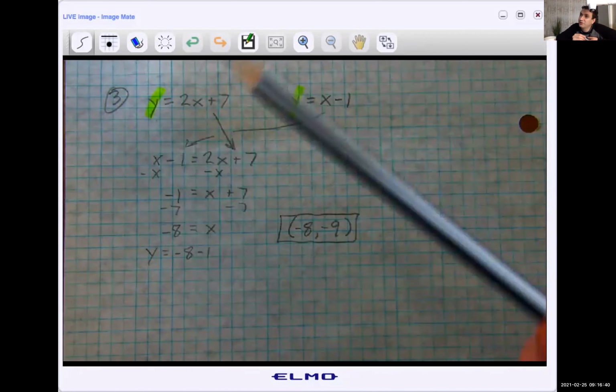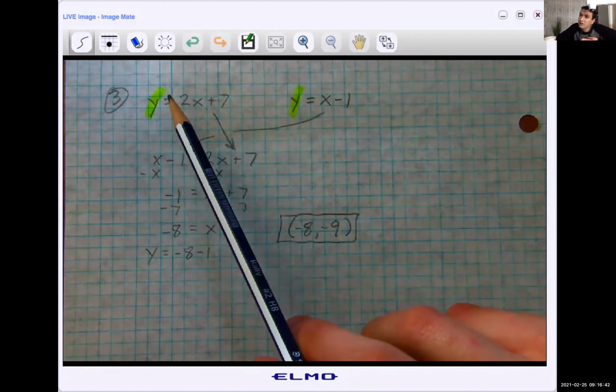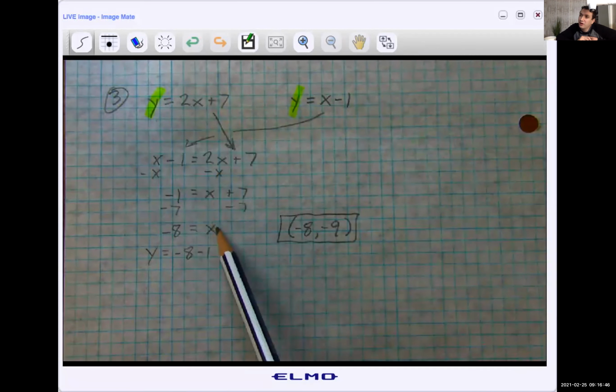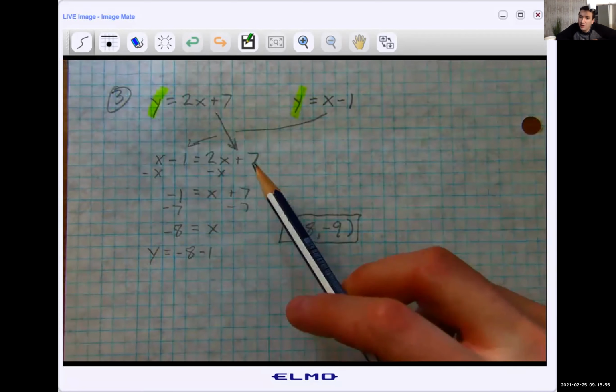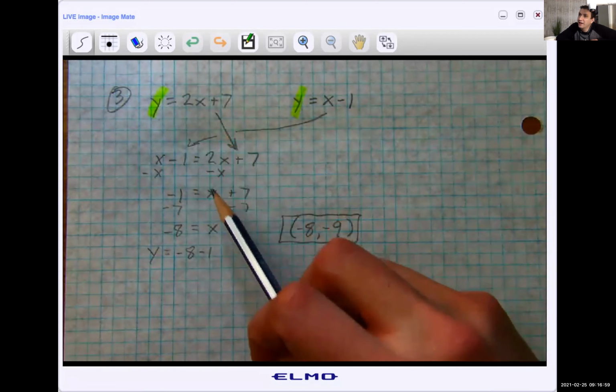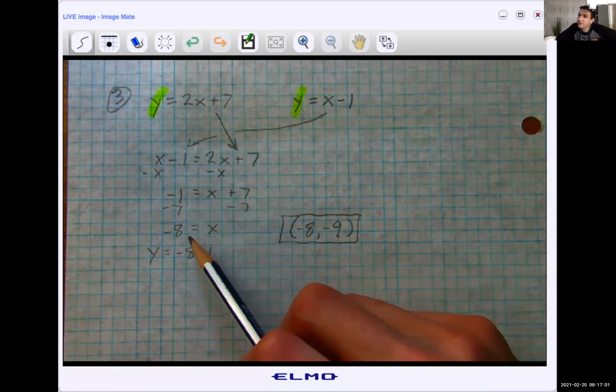So yeah, with substitution, you always have to be careful. Like, so far we're always left with x's. There are times maybe you'll be left with a y. It just kind of depends. So how did I get the -9? Well, first I got my x, which is all here. So I got -8.